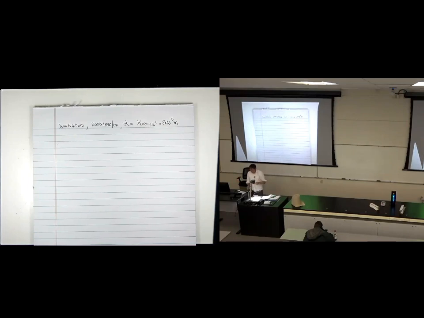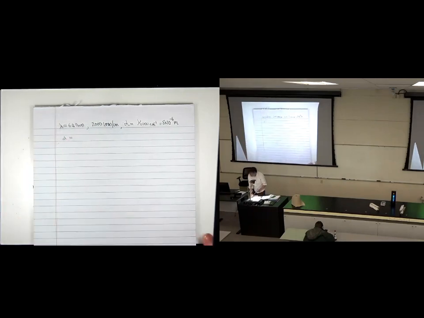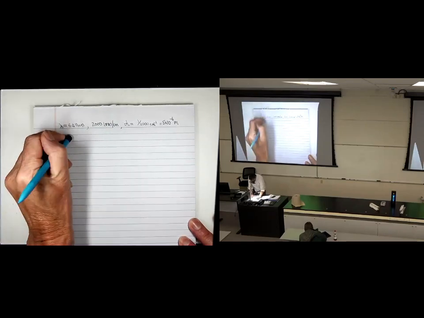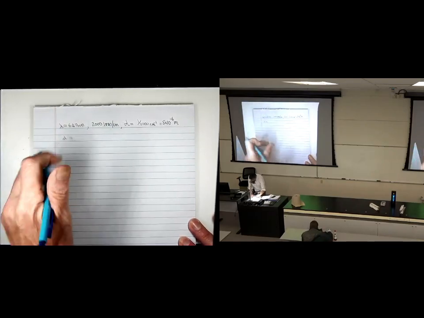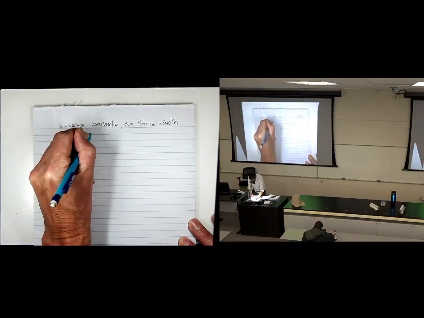Now I want to figure out the angle at which this first bright spot, the m equals 1 bright spot, away from the central bright spot, the m equals 0 bright spot, occurs. So the master equation was d sine theta equals m lambda.